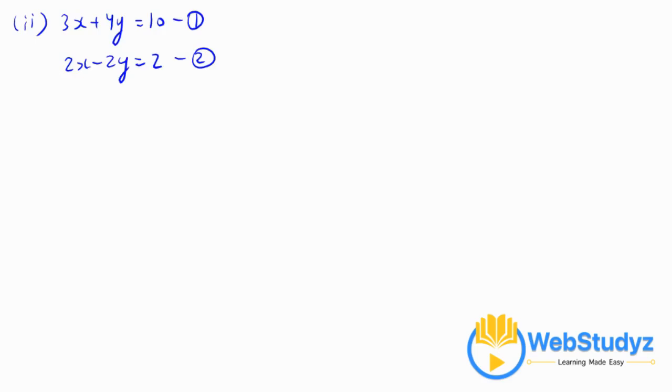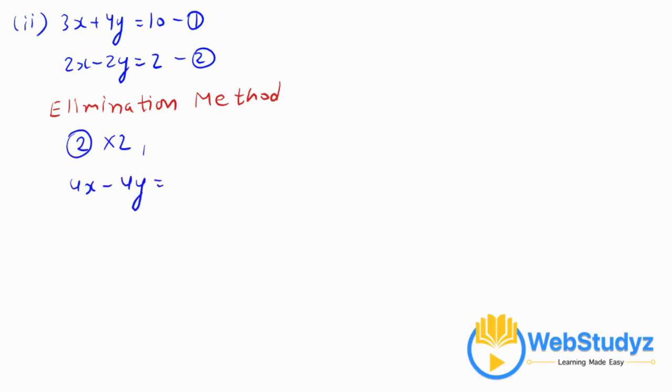Now by using the elimination method, for this we multiply the second equation by 2, we get 4x minus 4y equals to 4. Now this is our third equation.